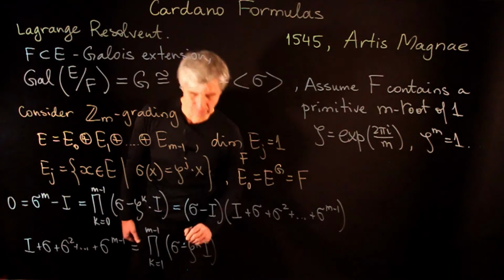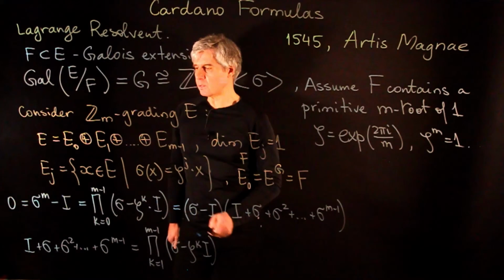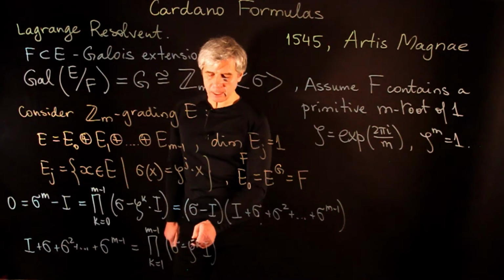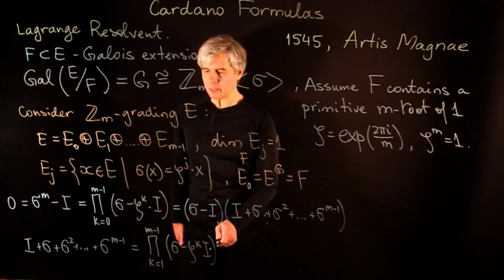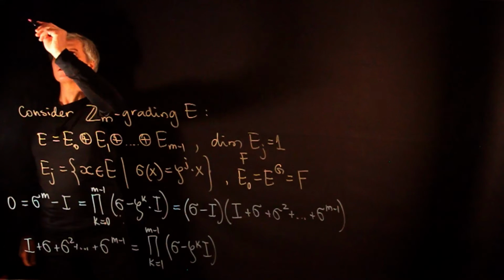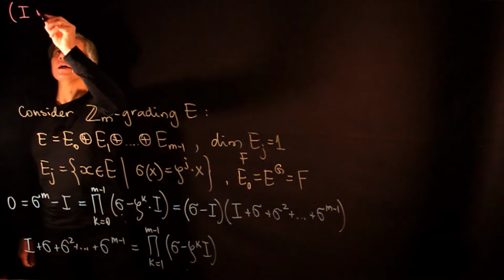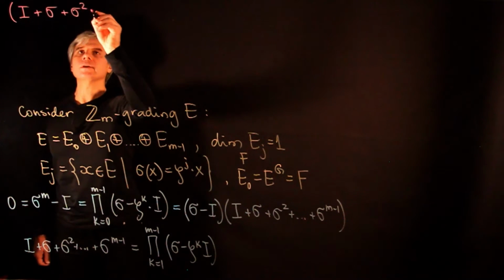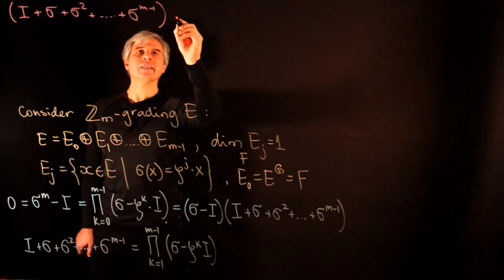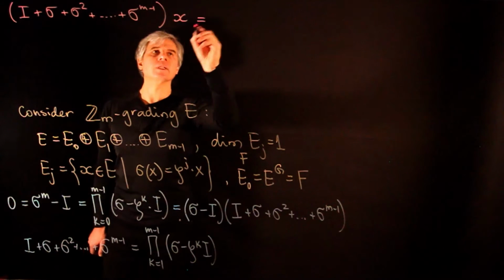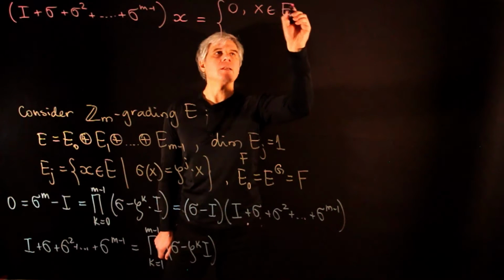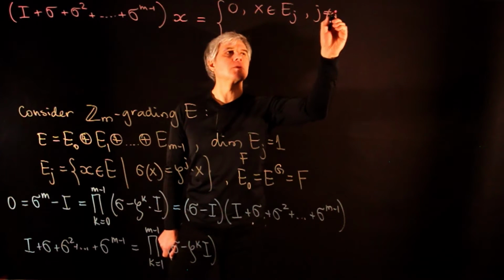Now, what does this operator do on each of these components? We can see that the factor sigma minus zeta to the power k times identity annihilates the space Ek. So we see that operator identity plus sigma plus sigma squared up to sigma to the m minus 1 applied to eigenvector x will give us 0 if x belongs to Ej with j not equal to 0.